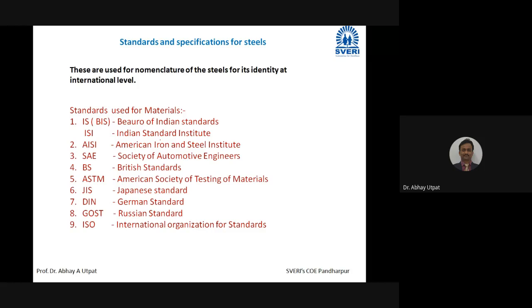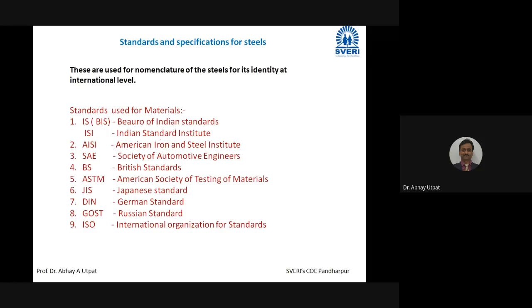Whatever types of steels I have explained, if you go to the market and ask somebody to give you martensitic stainless steel, nobody will understand. All these are theoretical concepts. In the market, all the types of steels have some codings, and these codings are as per standards.